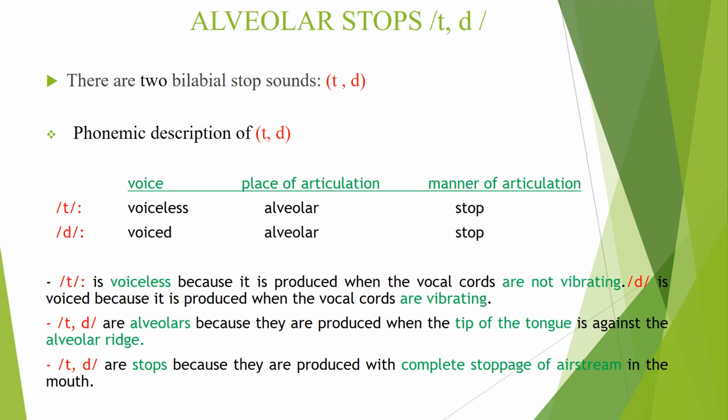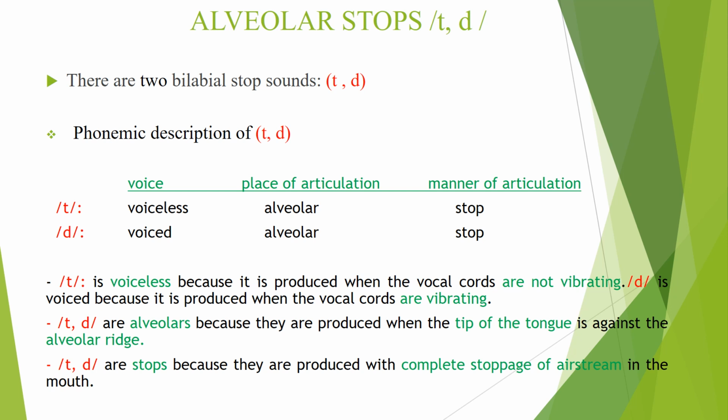The second type of stop consonants is the alveolar stops, t and d. T is a voiceless alveolar stop, whereas d is a voiced alveolar stop. Again, t is voiceless because there is no vibration of the vocal cords when it is produced.